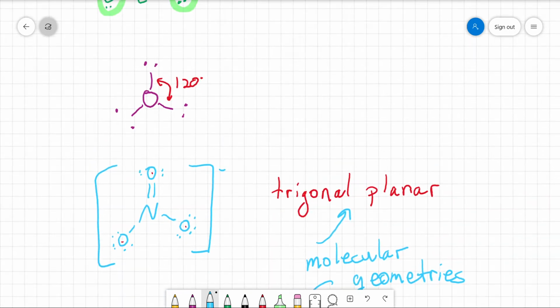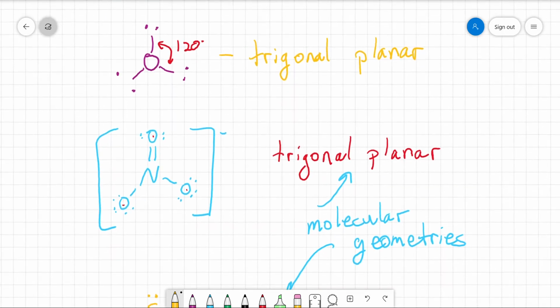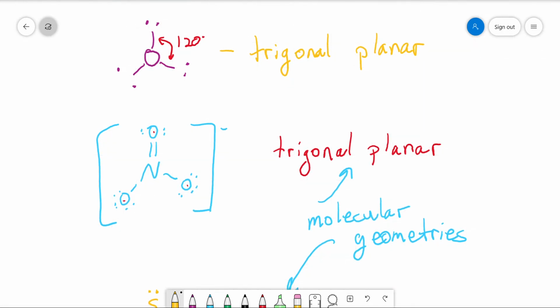But the electron geometry, which is this guy up here, I forgot to mention it, the molecular geometry is trigonal planar. Now, when there are no lone pairs on the central atom, just terminal atoms, then these two are the same, the molecular geometry and the electron geometry.